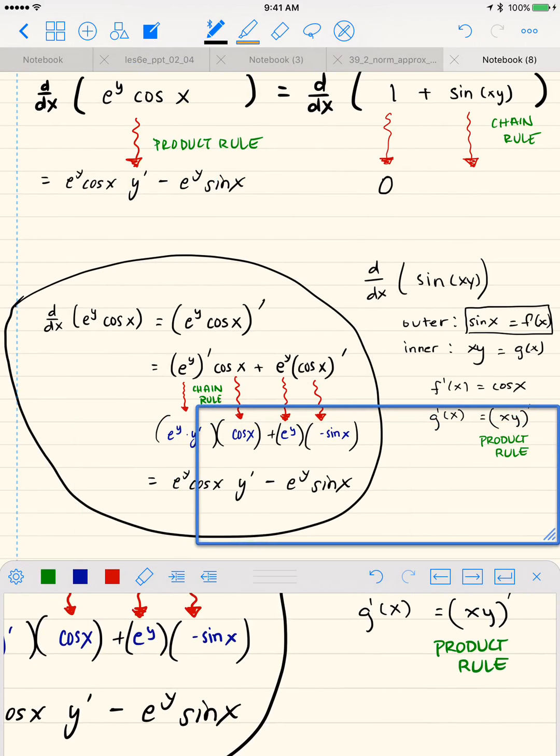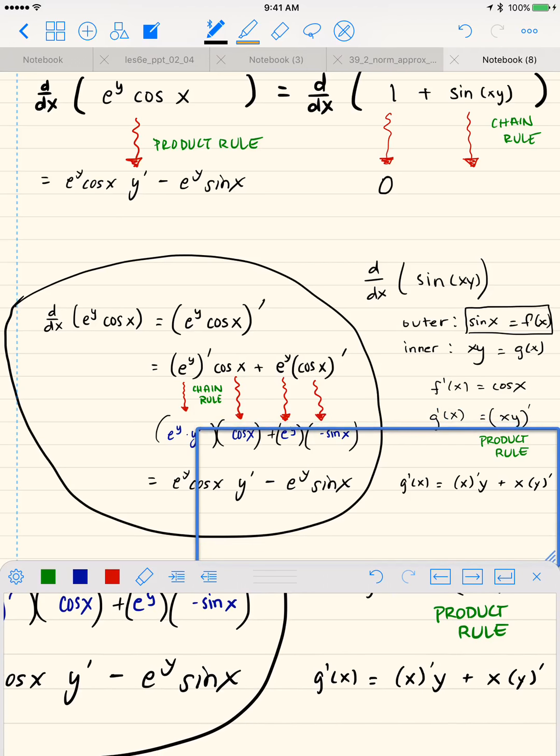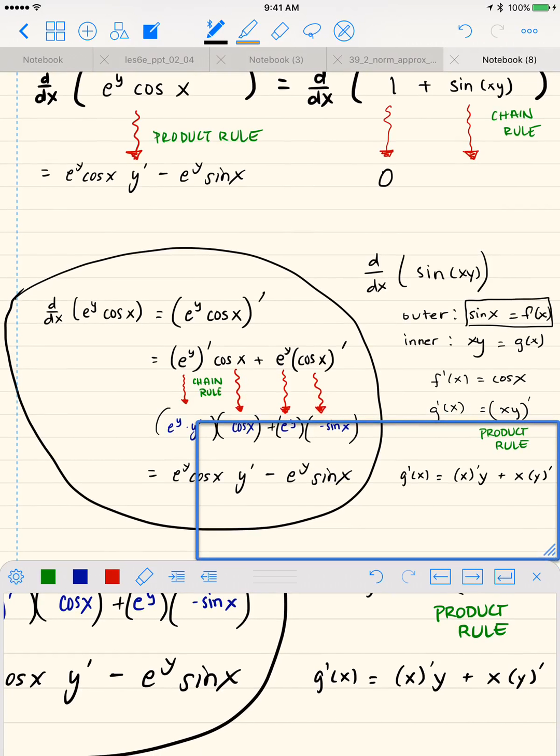So let's go over here and we're going to say that g prime of x is going to be equal to the derivative of x times y plus x times the derivative of y. Now, what is the derivative of x? That's just one.